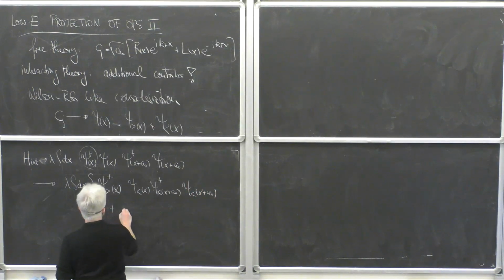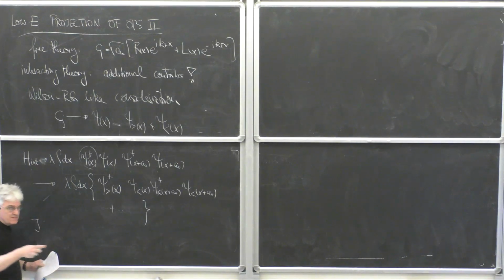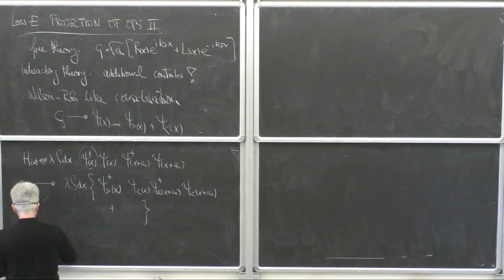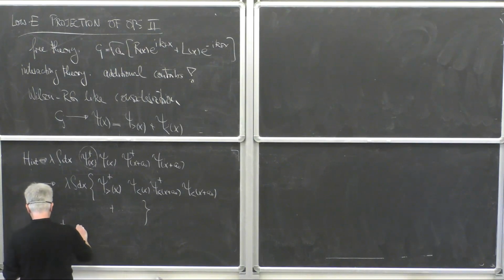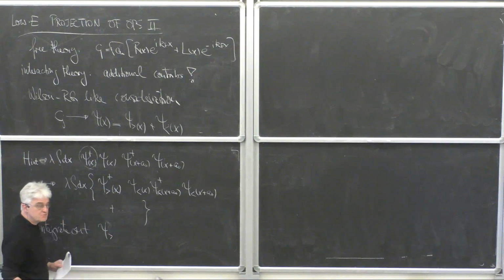And then we have many, many other terms which involve these low and high energy degrees of freedom. So now what I do is just like we did in the RG, we integrate out the high energy degrees of freedom.